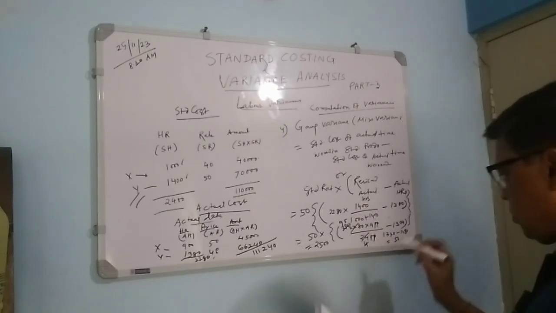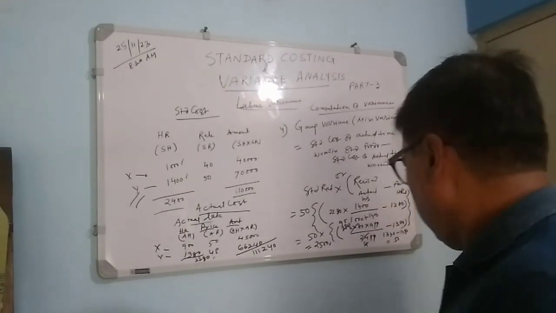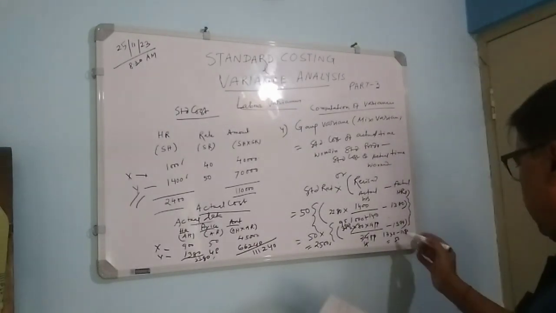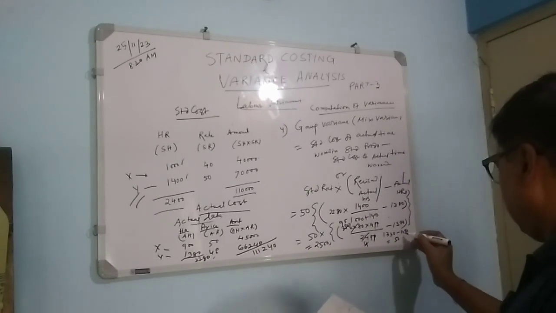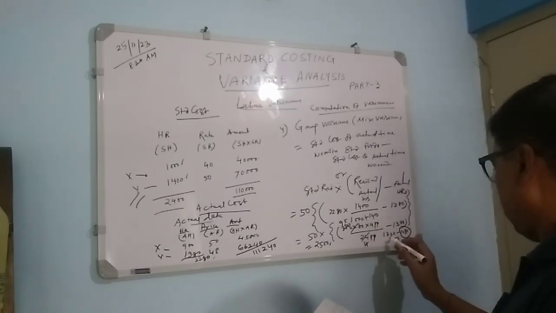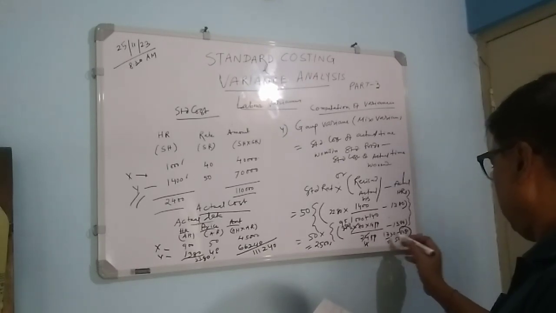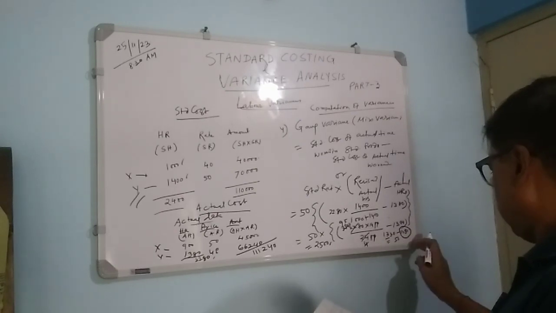Now the question is, this 2500, whether it is favorable or adverse. You see the revised actual hours and actual hours. Actual hours is 1380 and revised actual hours is 1330. So definitely your actual hours is more than revised actual hours.